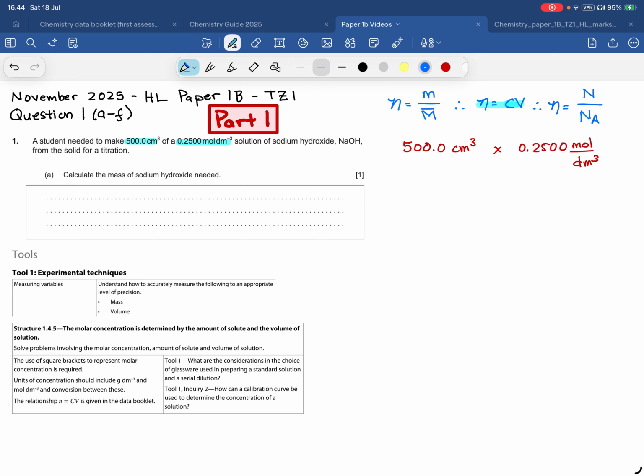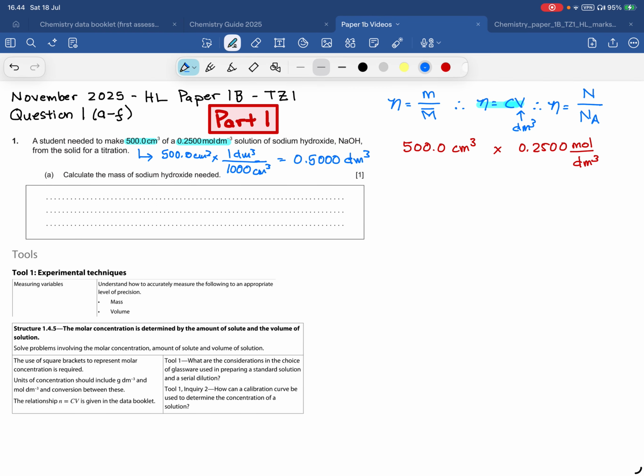Now, this one right here, the volume should always be in decimeters cubed. So you should get to the point where you can simply look at that and say 500 centimeters cubed times 1 decimeter cubed divided by 1,000 centimeters cubed is equal to 0.5 decimeters cubed.